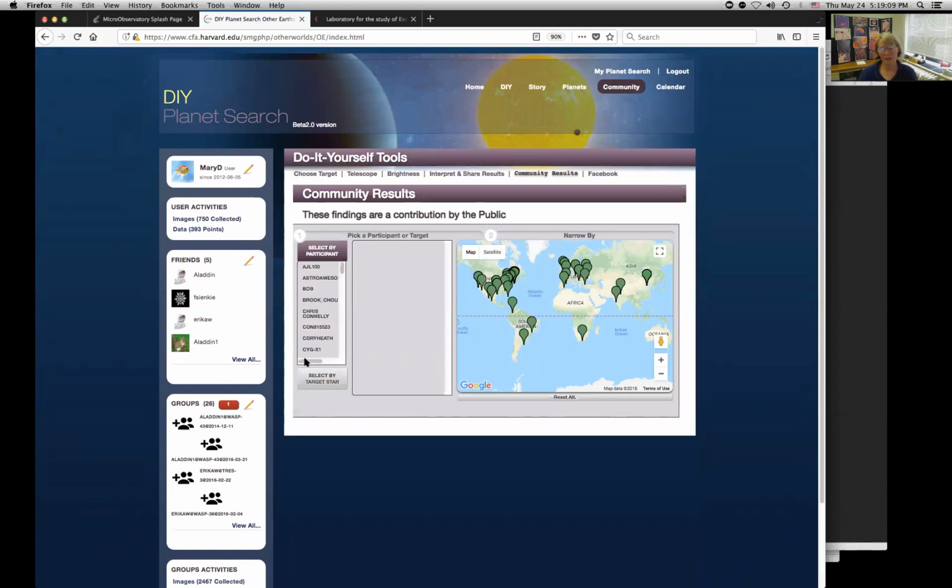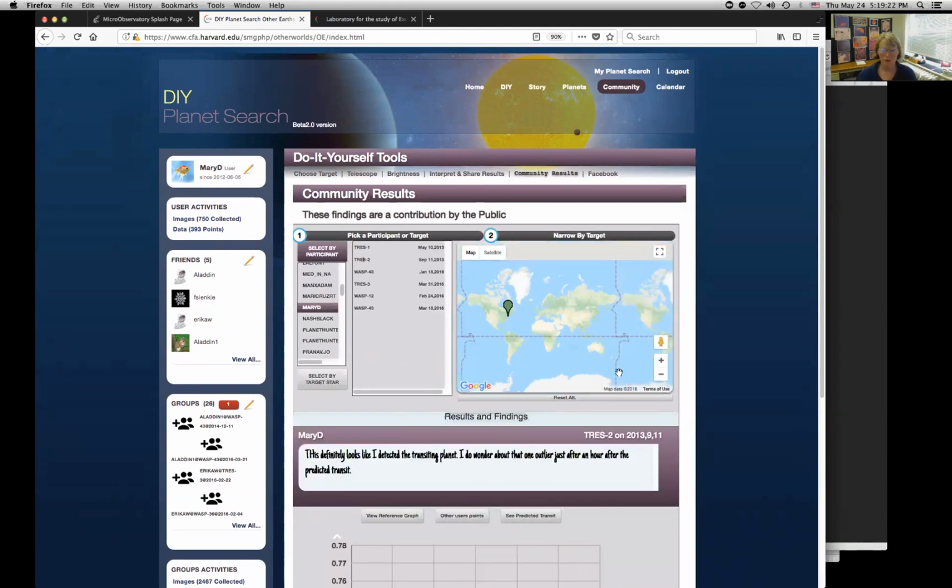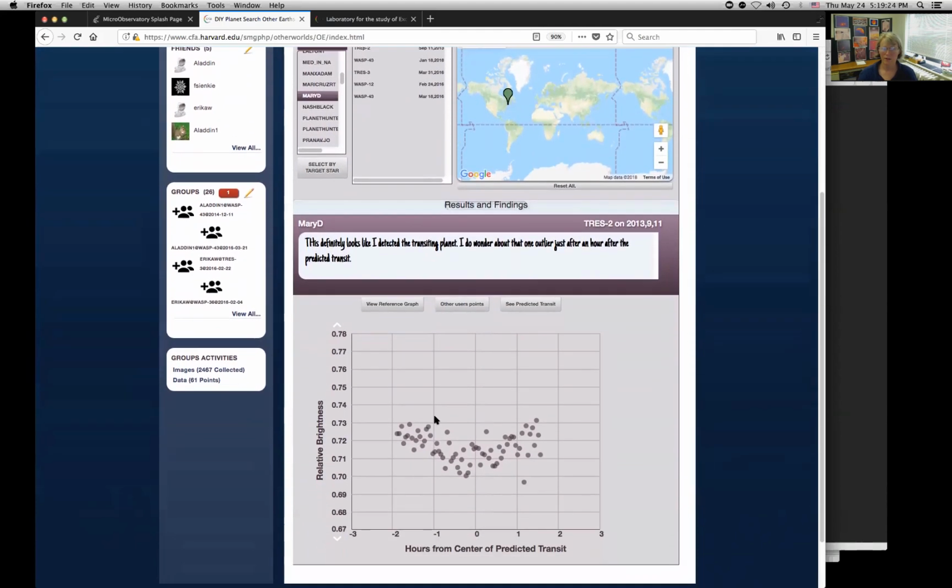Essentially, again, you can select by star or person. Here's my data sets that I've shared, and I think we just did TRES2. Yes. And there's my TRES2 data shared with everyone. Here's other users' points. The predicted transit.